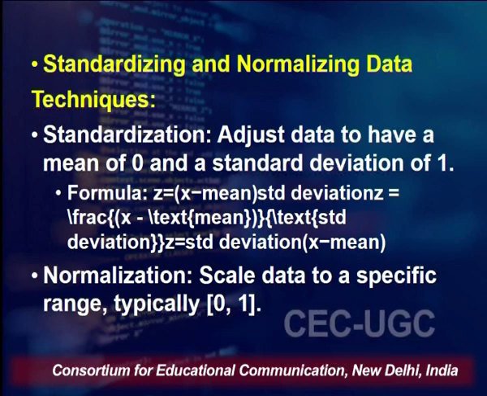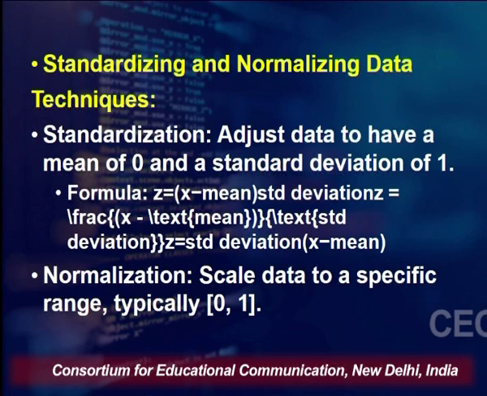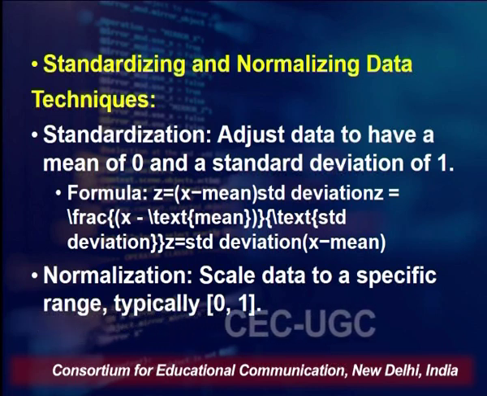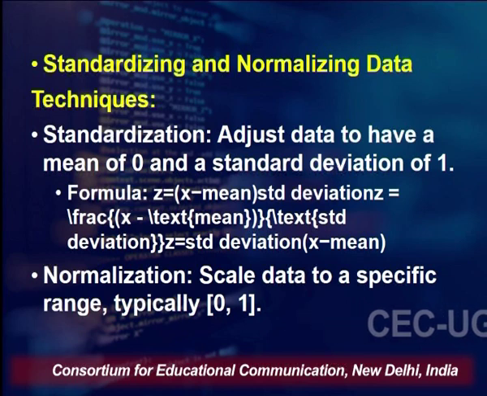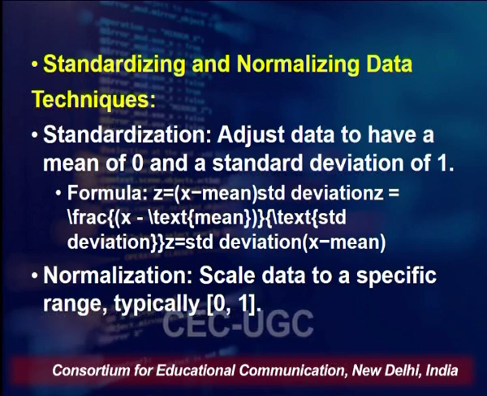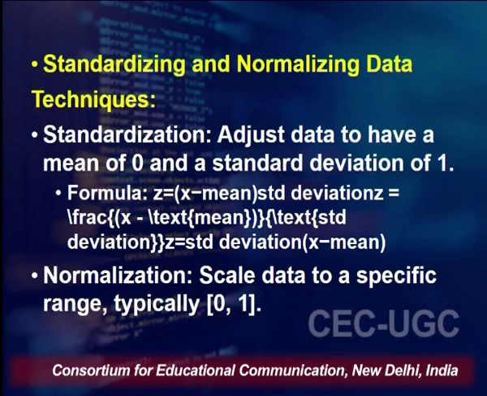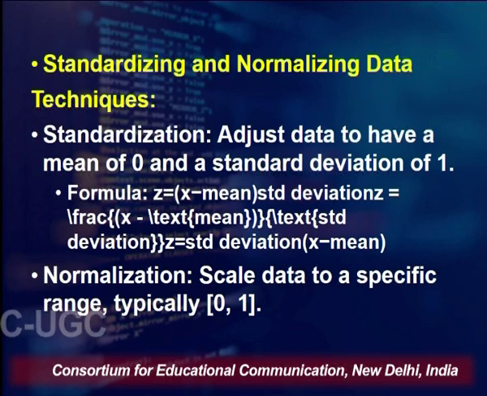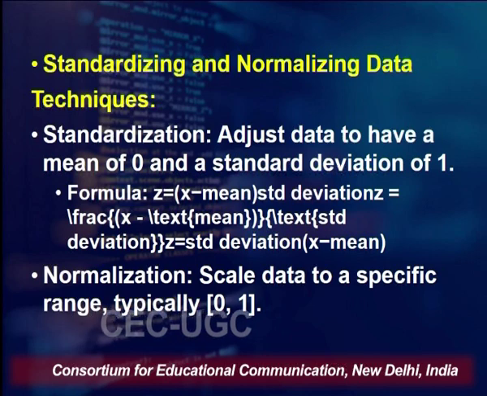Now, what is standardization of data? That is, you adjust the data to have a mean of 0 and a standard deviation of 1. This is called standardization. You use a formula with the mean and standard deviation, and adjust your data to come to a mean value of 0. Normalization means that you scale the data to a specific range, typically bringing the data into the range of 0 to 1.